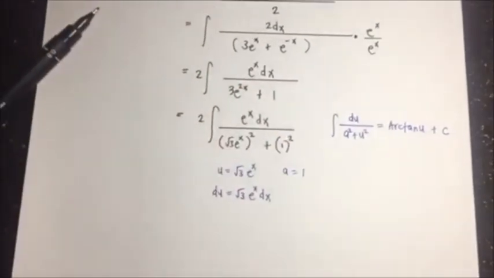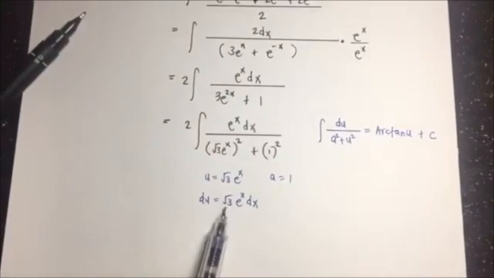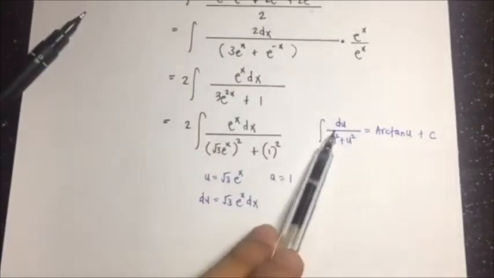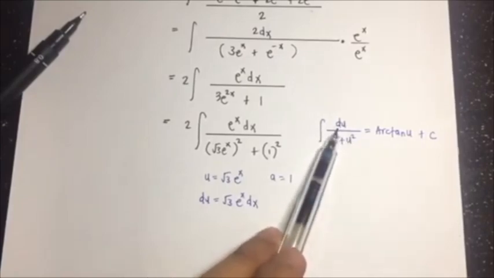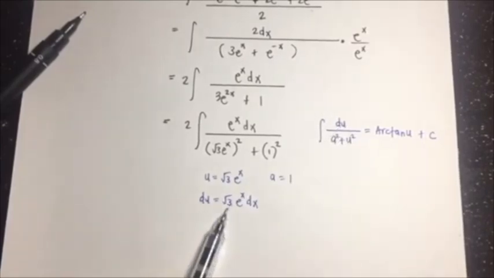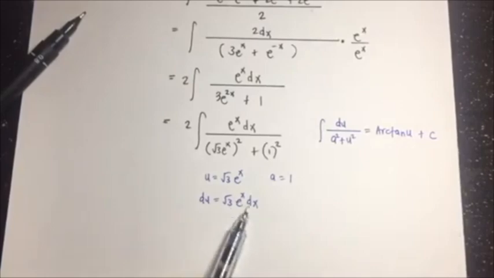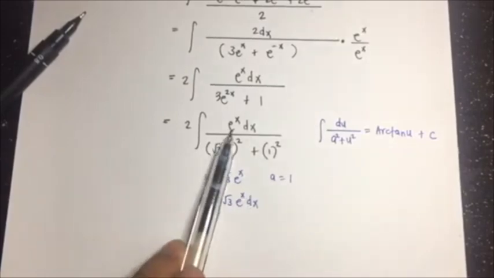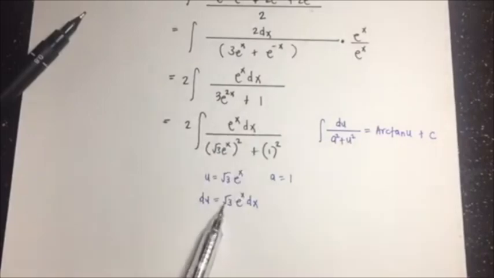Okay, so as you can see, the numerator should be du for us to apply this formula. So du should be the numerator. So our du is square root of 3 e to the x dx, and here we only have e to the x dx. So therefore, we have a missing numerical coefficient of square root of 3.